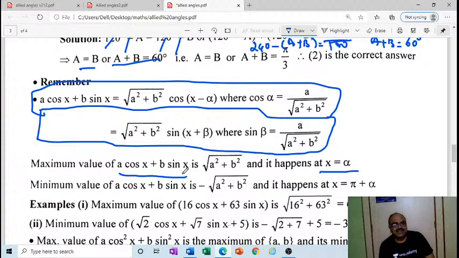The minimum value of a cos x plus b sin x is minus root of a square plus b square, and it happens at x equals pi plus alpha.